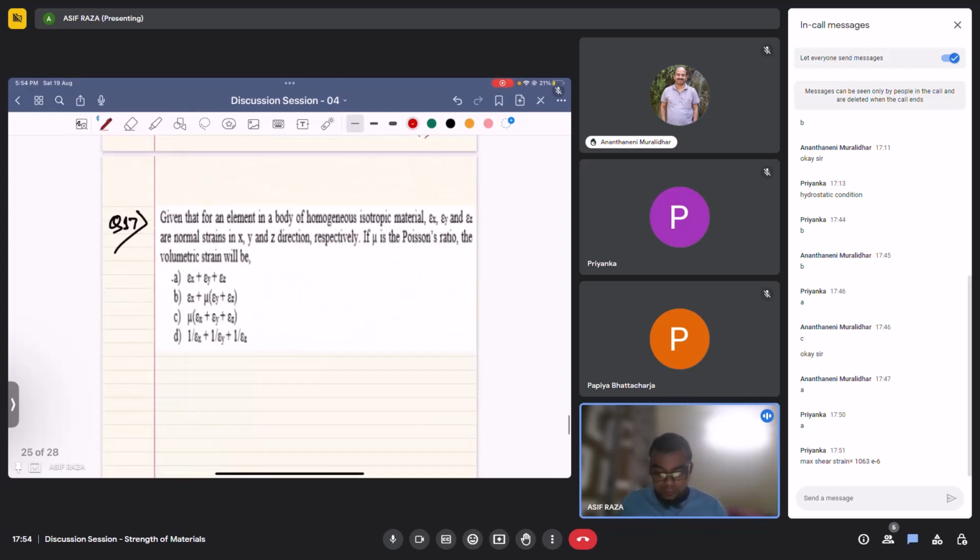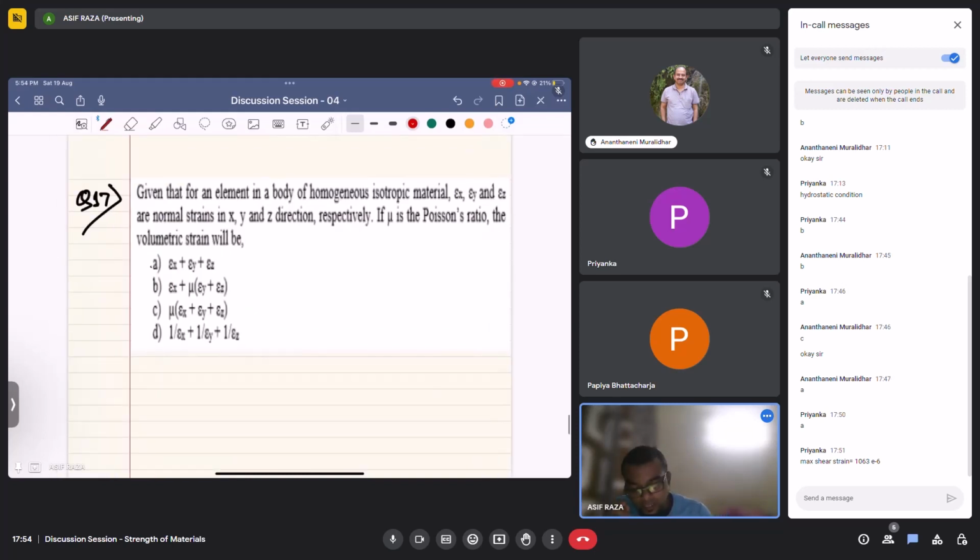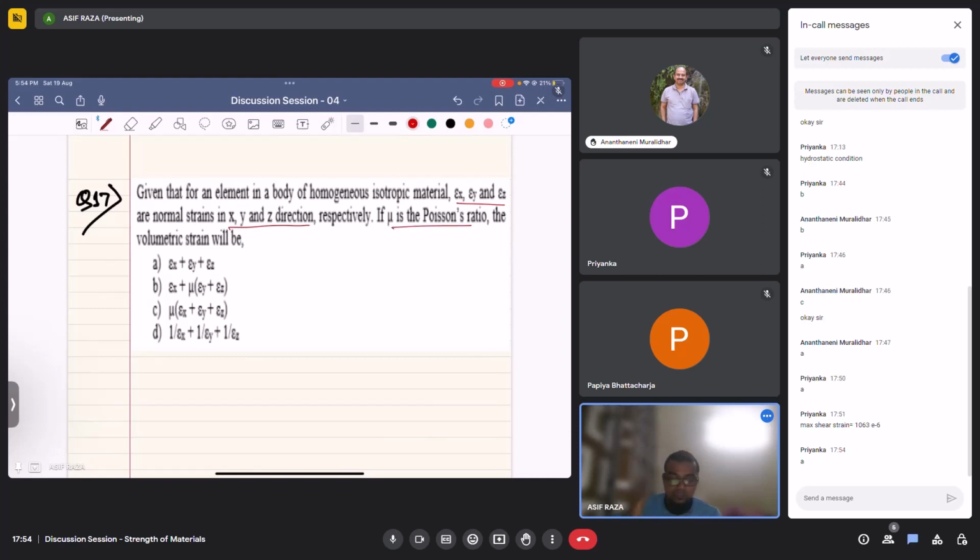Moving on. Okay, so this is the question which we are coming across again and again. Given that for an element in a body of homogeneous isotropic material where epsilon x, epsilon y, and epsilon z are normal strains in x, y, z direction respectively, if mu is the Poisson's ratio, the volumetric strain will be.